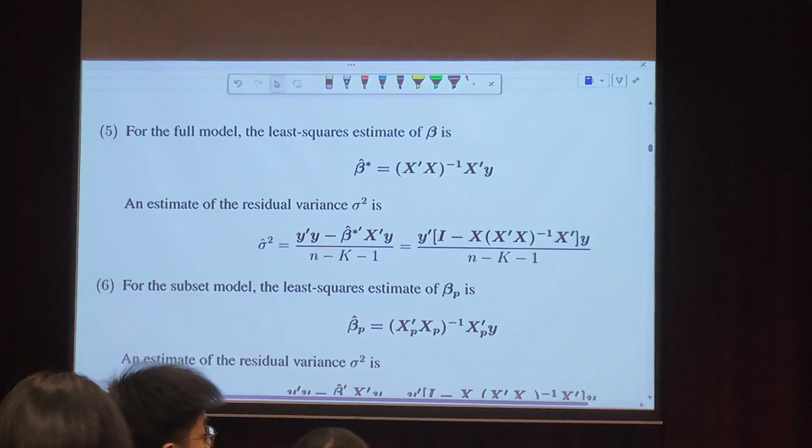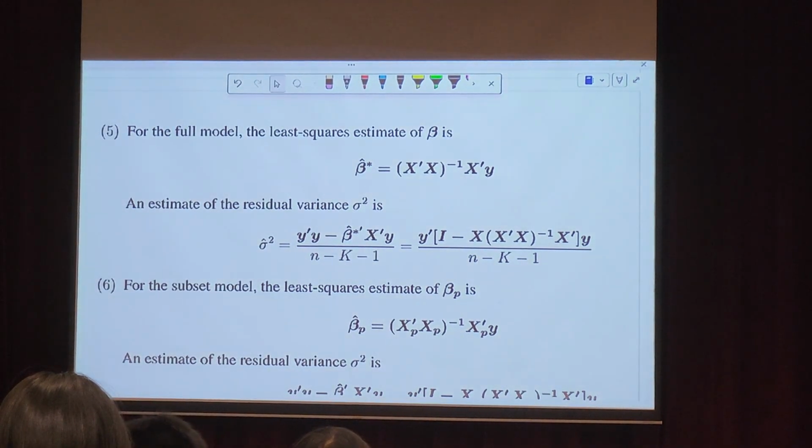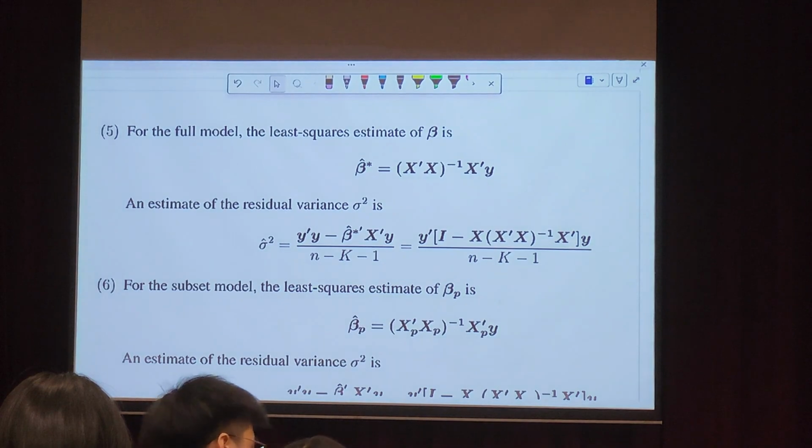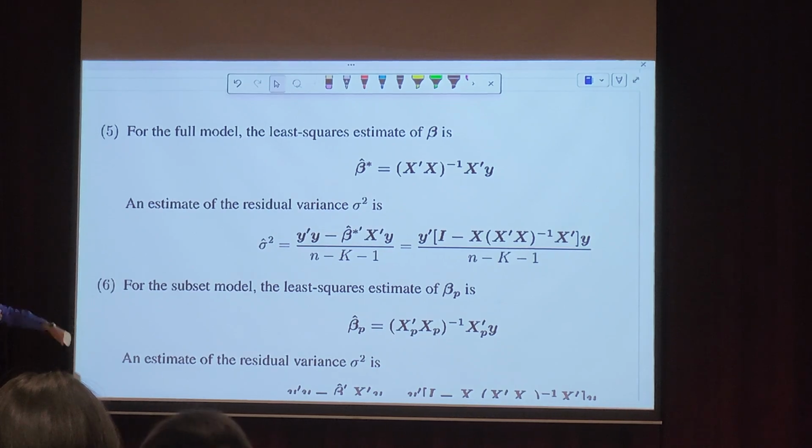Let's try to understand some of the theory regarding this full and subset model. I am not going to look at the proof of any of these; I think that is beyond the scope of this course, but we'll just look at the result. For the full model, the least squares estimate is X prime X inverse times X prime y. There's nothing unusual.